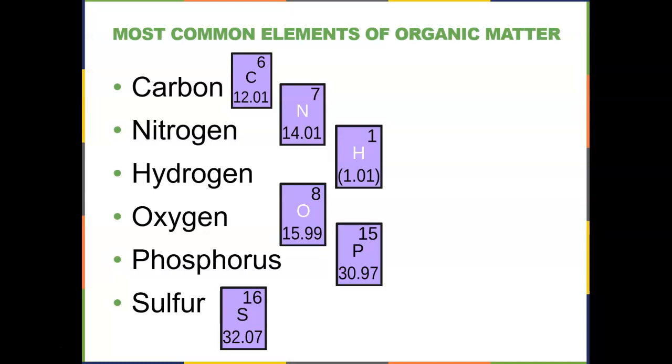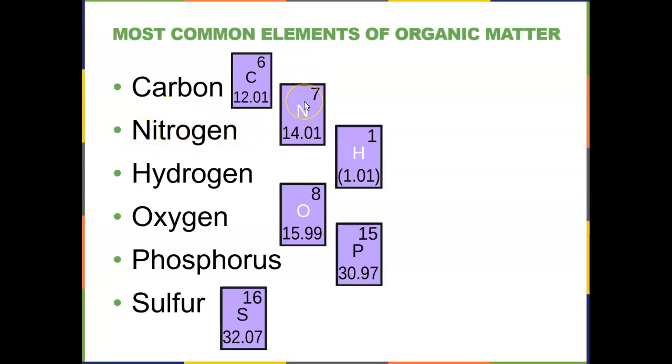To look at this, we have to see that the most common elements are those that I have listed here on the slide. The most common elements in living material, or which make up organic matter. So very tops on the list, we have carbon, and then we have nitrogen, shown here.